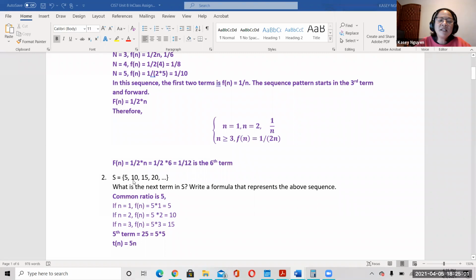You take 15, subtract 10, you get 5. So that validates that will be your ratio. We'll come back to this concept when we start using the formula on how to come up with your sequence.